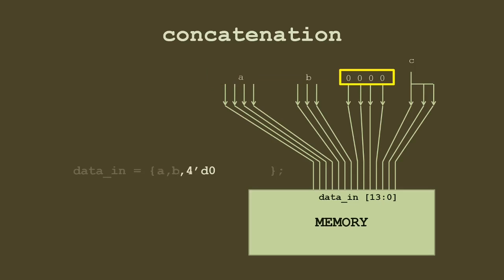For 4 zeros, I'll write 4'd0, or 4'b0, or 4'h0, which means there are 4 bits which are 0. Then I have to replicate C 3 times. To replicate it, I put C in curly brackets, write 3 outside it, and put another set of curly braces. That means I'll be replicating C 3 times, and this statement means the connections will be correctly made.